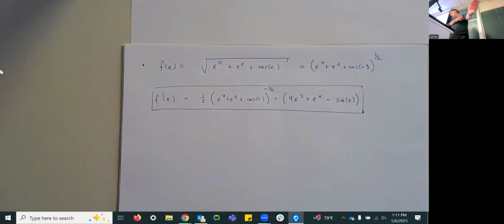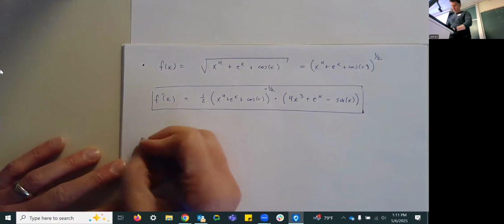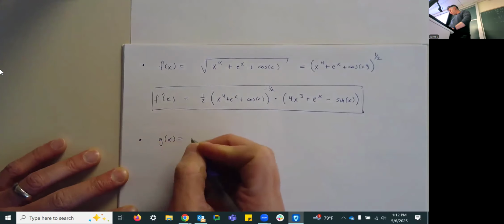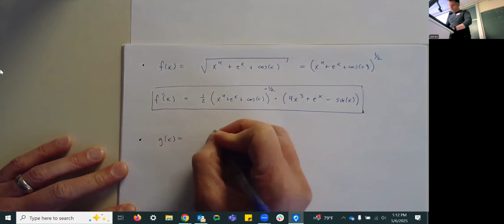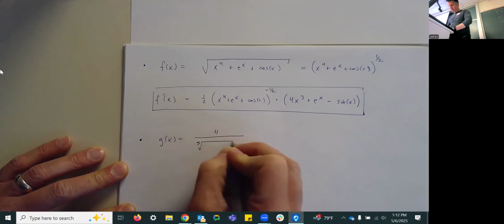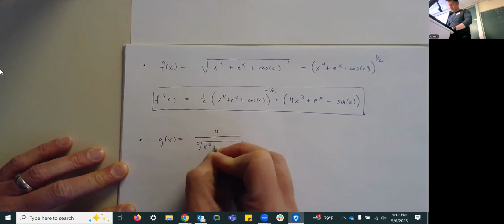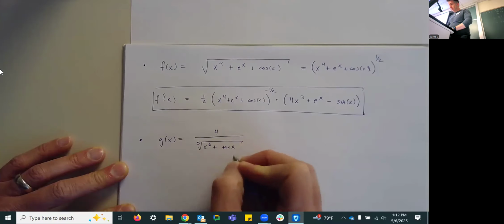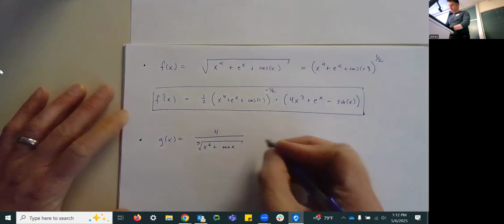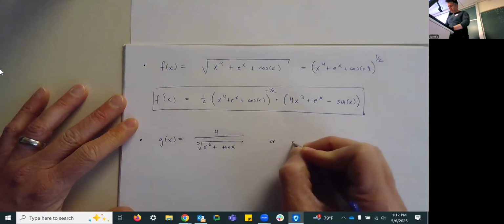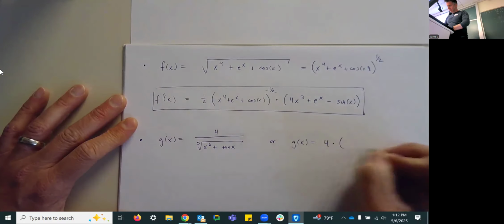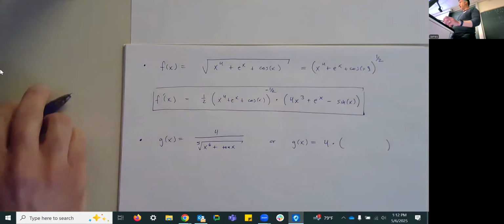So here's what I want you all to try. For this one, for g of x equal to, sure, 4 divided by the 5th root of x to the 6th plus tangent of x. Before you start taking the derivative, I just want you all to rewrite this first. Rewrite this as g of x equal to 4 times your stuff to some power.